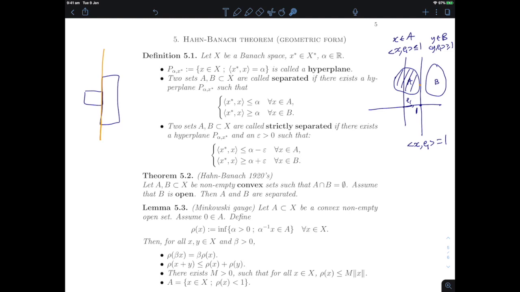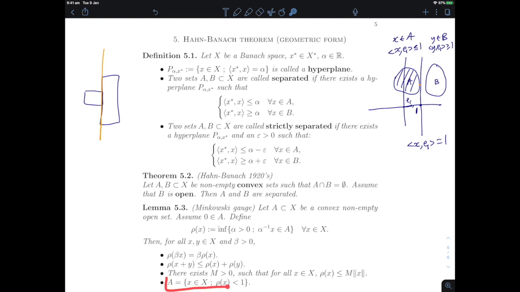Now, this satisfies all the properties defining a norm, a homogeneity property, a triangle inequality, and this norm will be comparable to the norm that you started with in the Banach space, right? It will be smaller than a constant times the standard norm.